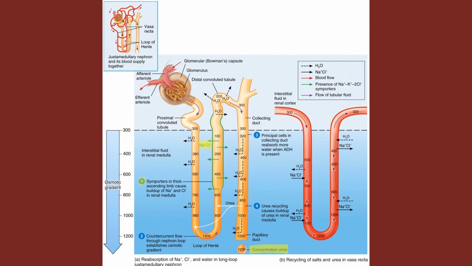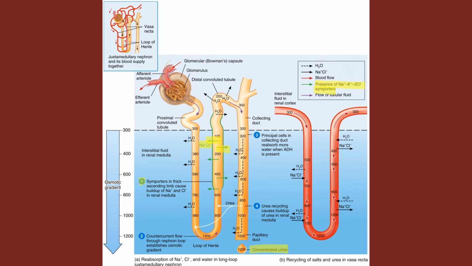These are those sodium, potassium, chloride symporters, shown by the green arrows we can see here. These are the specific symporters that reabsorb sodium and chloride from the tubular fluid. Remember, the potassium just kind of goes out by leak channels, so it's not as important with this symporter. The sodium and chloride are more important.